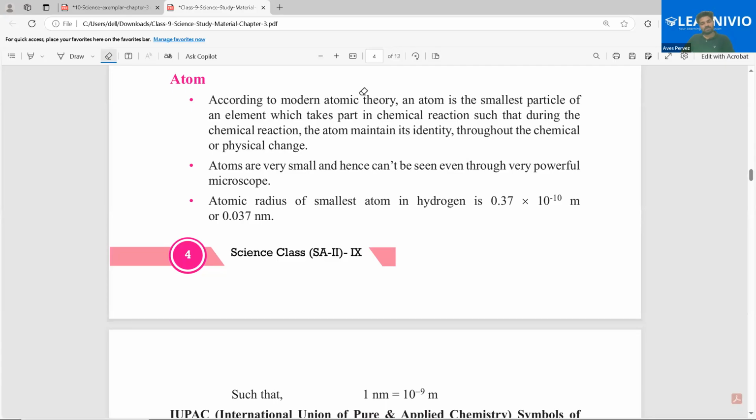Please note this in your notebook. Atoms are the smallest particles involved in the chemical reaction and maintain their identity during changes.